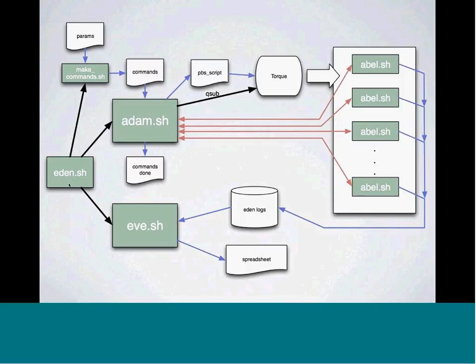So this just shows the flow through the Eden framework. The Eden.sh script starts everything off. The Atom script will take the command, which could have been automatically generated from the params file, and will take care of actually writing this PBS script, submitting it to the scheduler through qsub, and then running that script on the compute node over here on the right.